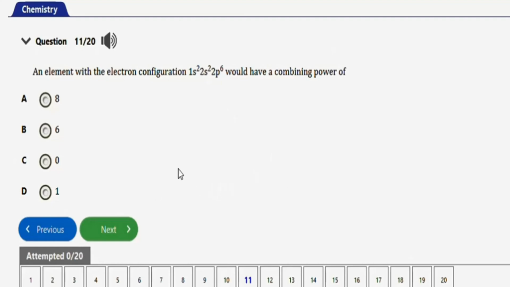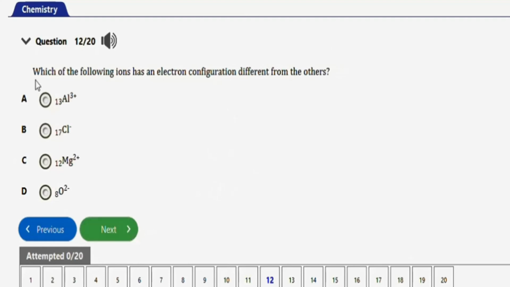So the next question is this one. It says which of the following ions has an electron configuration different from the other? So from what we have here, the right option is option B, which is chlorine ion. Alright, so this aluminum ion takes part in chemical reaction, so it will lose 3 electrons to form the noble gas neon. Same thing is applicable to magnesium. It will take part in chemical reaction and lose 2 electrons to form the noble gas neon.